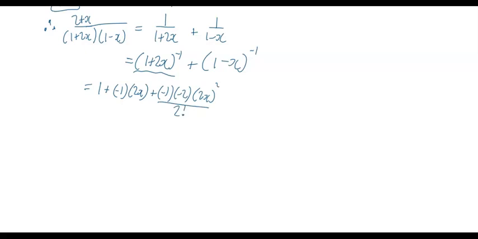And I've got to go up to the cubic term, so minus 1 times minus 2 times minus 3, times 2x cubed, divided by 3 factorial. It doesn't matter in this particular case because they're both adding, but just put a bracket around, since sometimes one of them is being taken away from the other one. And really I should have had a couple of dot dot dots to show that that's an infinite series.